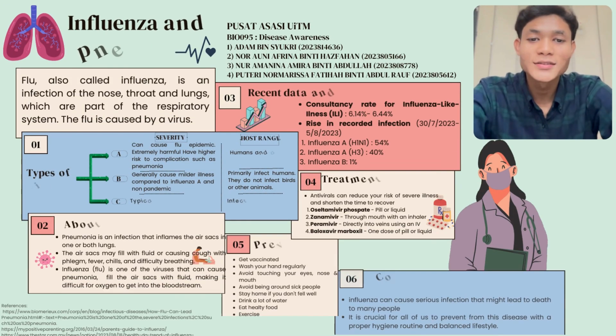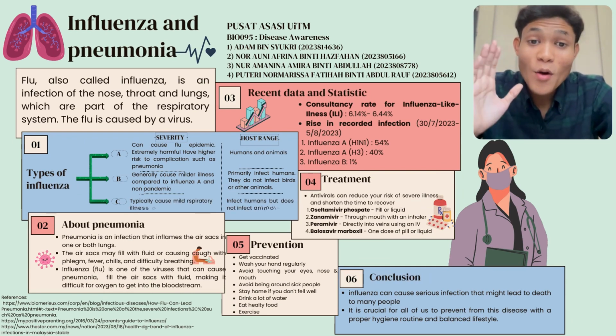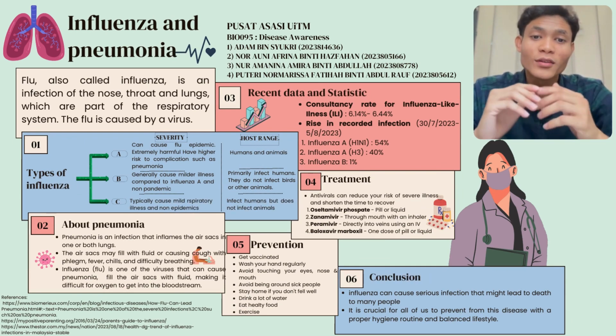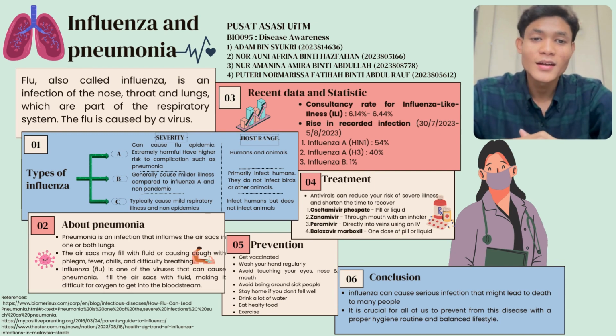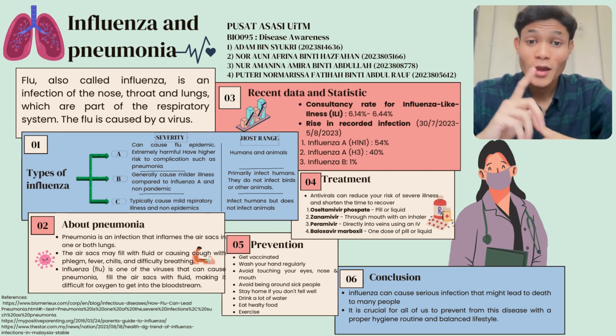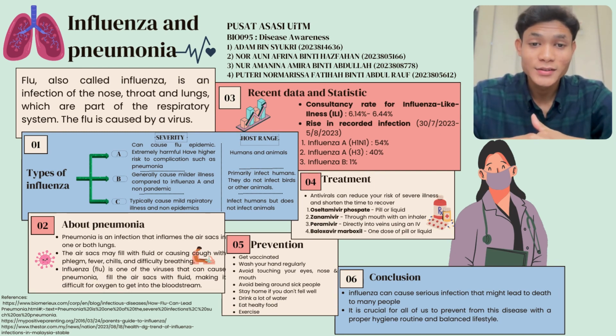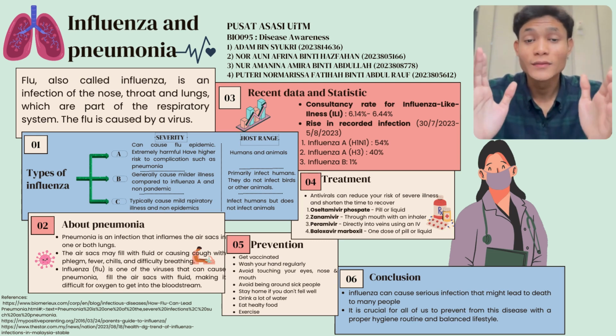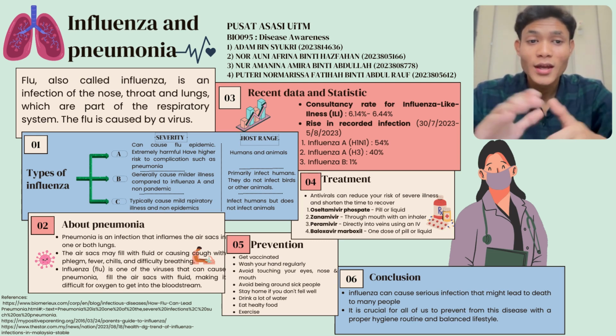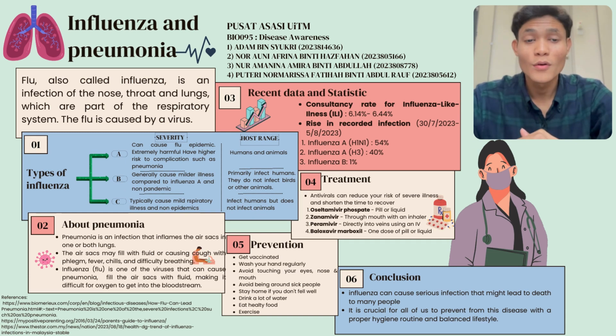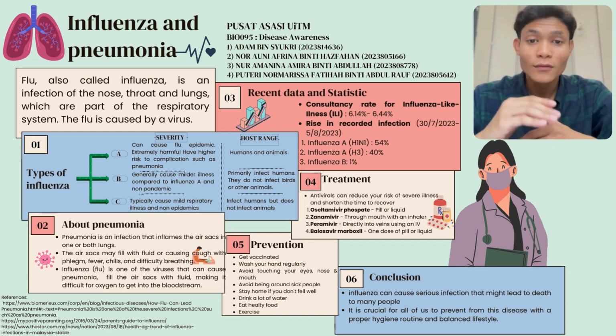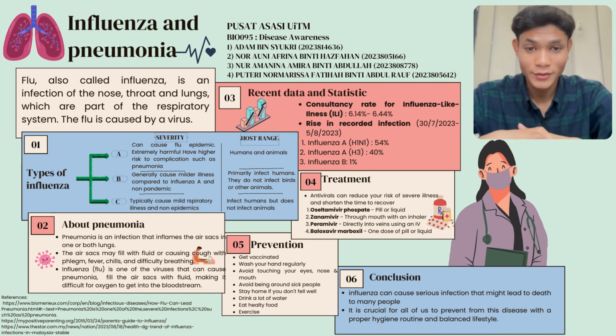So now, let's talk about the treatment. What you need to do if you get the influenza virus. You can get antivirals. What are antivirals? Antivirals can reduce your risk of severe illness and shorten the time for the body to recover.